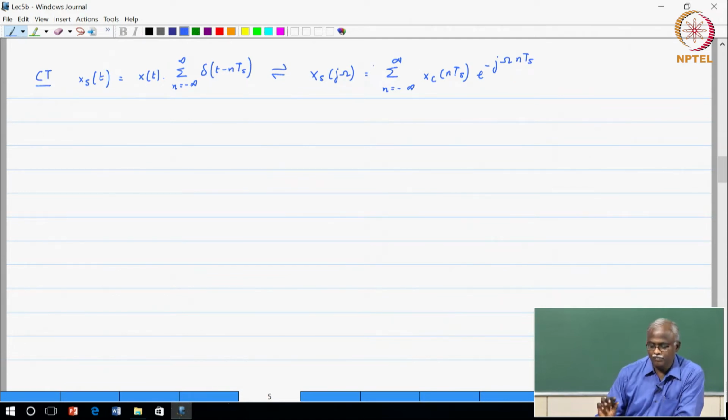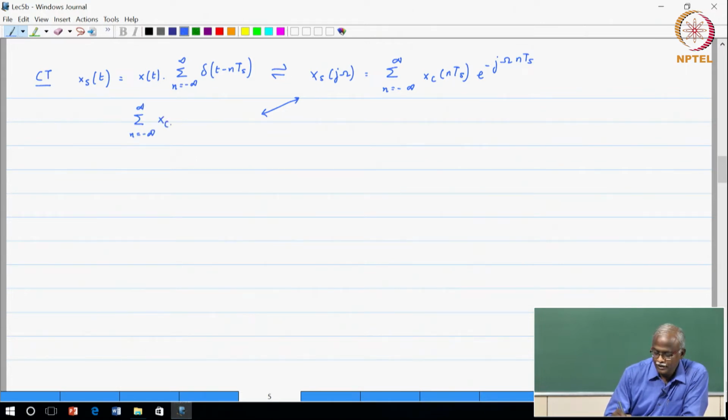We have looked at it from a different angle, where we convolved the Fourier transforms of x of t and the Dirac delta train. This is another perspective of it. Basically, this comes directly from the following observation, that xs of t is nothing but summation n equal to minus infinity to infinity xc of nTs delta of t minus nTs, basically the sampling property of the Dirac delta.